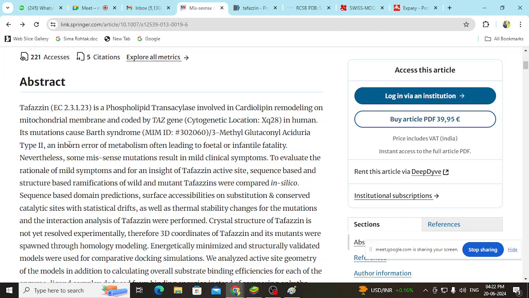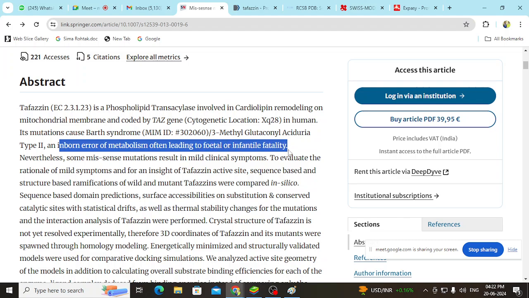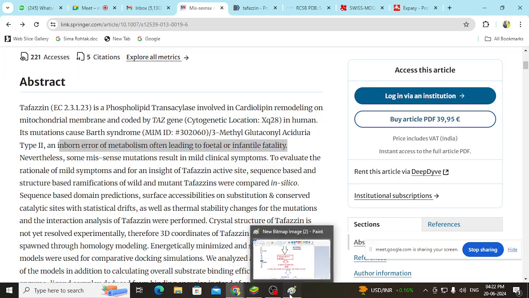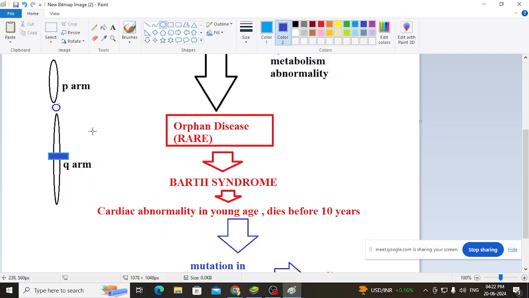See here, the inborn error of metabolism often leads to fetal or infantile fatality. What does it mean? It means that the patient may die while still a fetus. Consider that this is the mother. What happens during pregnancy?